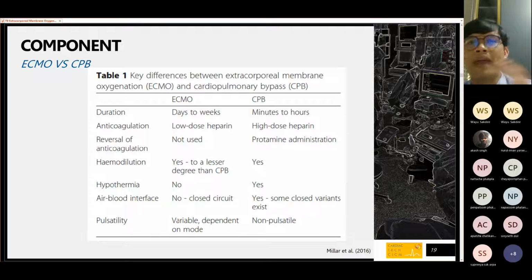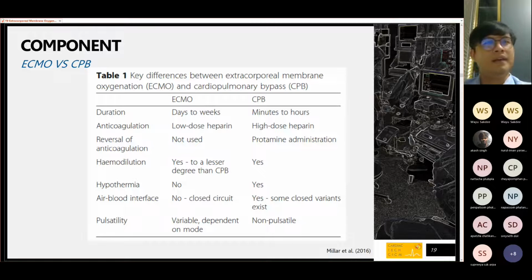But in CPB we have a reservoir, which is a hard shell, and the top of the reservoir has some air exposed to the circuit. So we say CPB is the open circuit.